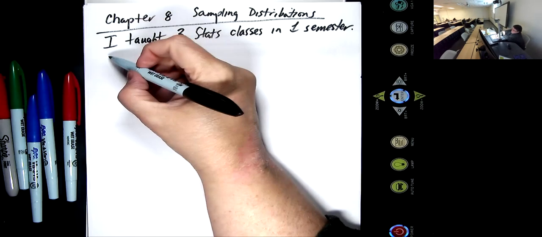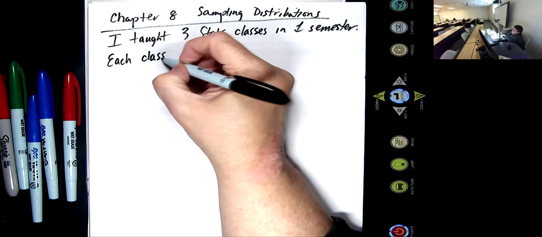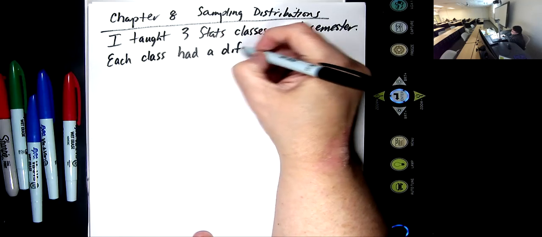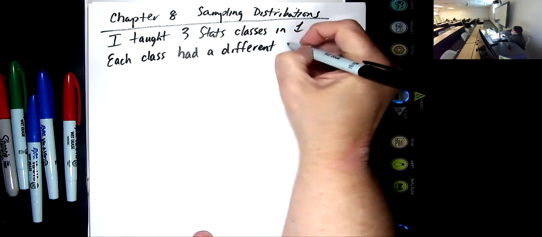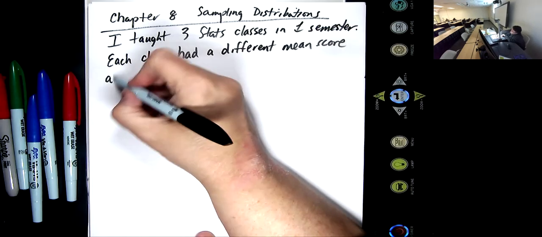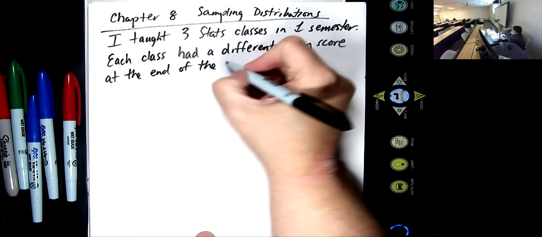Each class had a different mean grade at the end of the semester, or mean score.